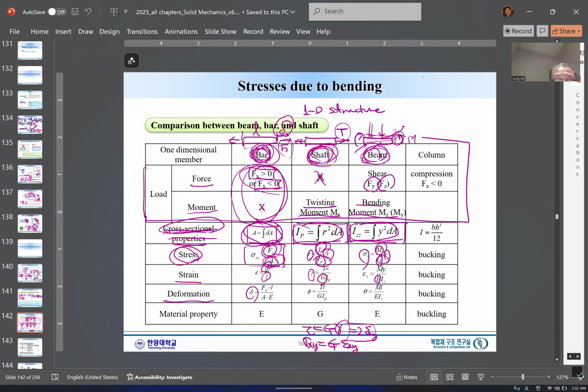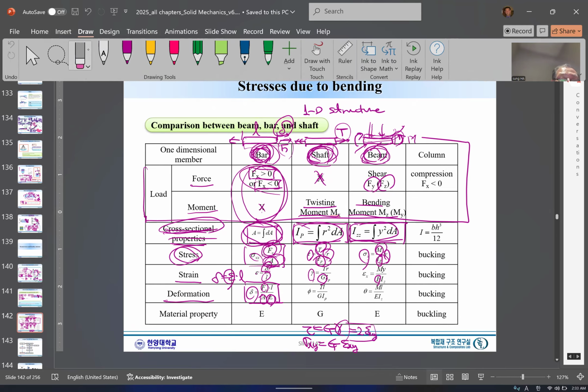Delta is simply from here: force divided by A is a stress, then Young's modulus. You see, delta is epsilon times L, and epsilon is given here by sigma over E. That's why we got this one.